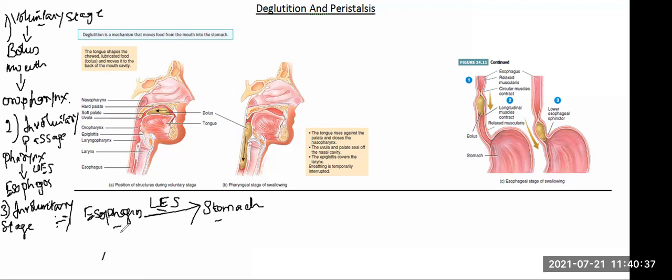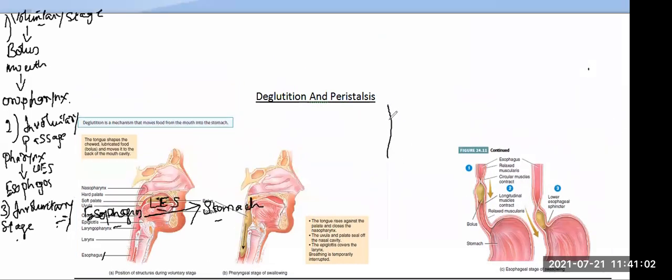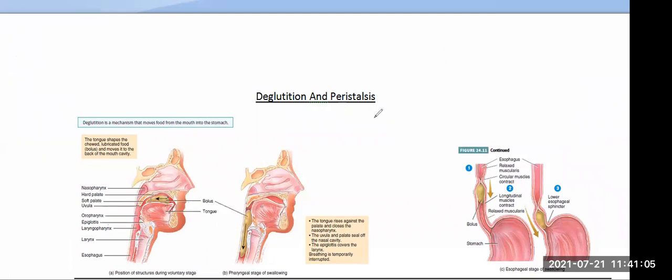Now, let's talk about when you swallow the food and the food is in the oropharynx. Or before that, let's look into the organs that are involved. The organs involved would be the mouth, then you have your pharynx, and then you have the esophagus.